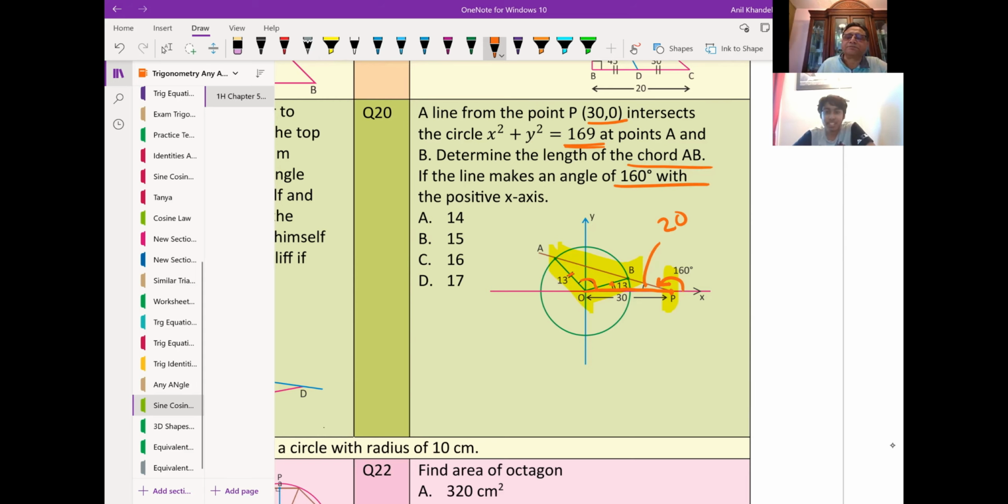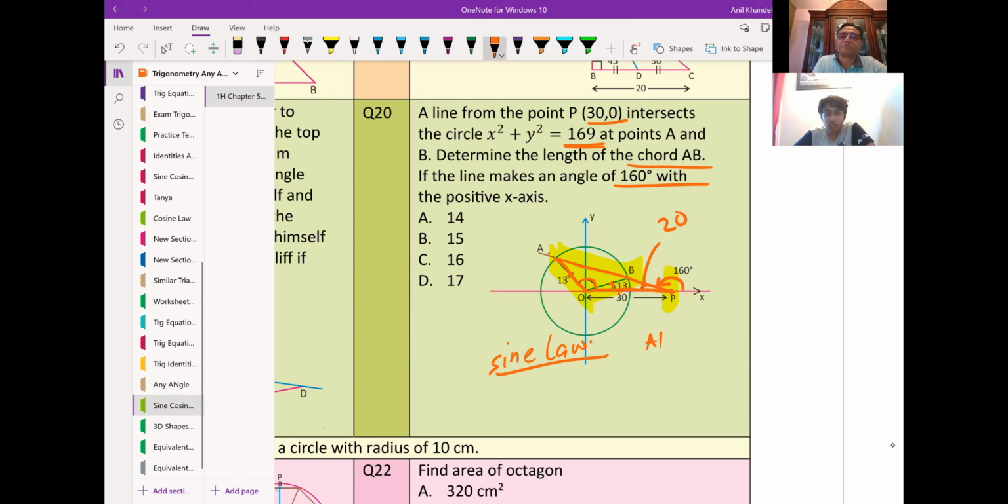How? You know this side is 30, you know this side is 13, and you know this angle. So you can solve the big triangle using sine law. A to P over, we can do this because we know two sides and an angle.